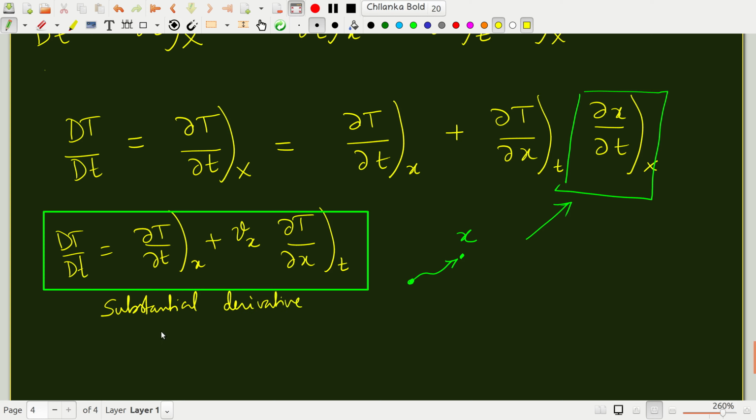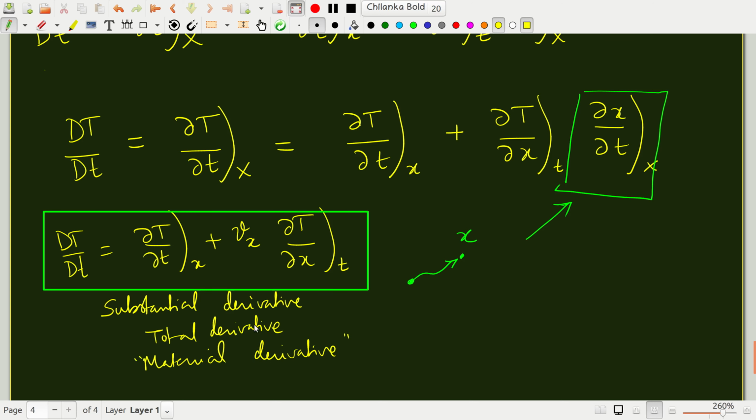Substantial derivative, sometimes it's called the total derivative. If you look at a little bit of continuum mechanics literature, they will call it the material derivative, and so on. They all mean the same essentially.